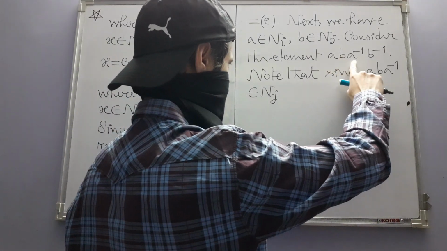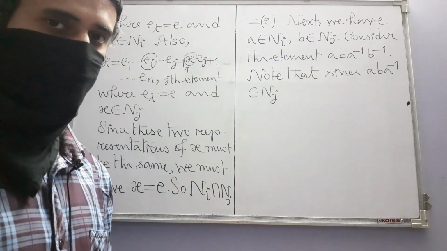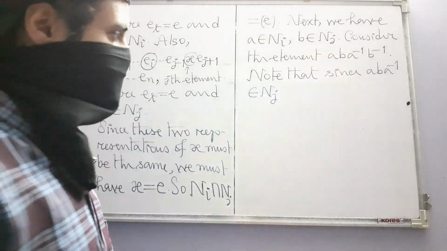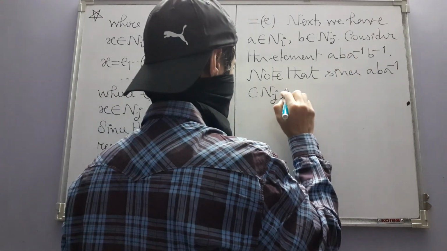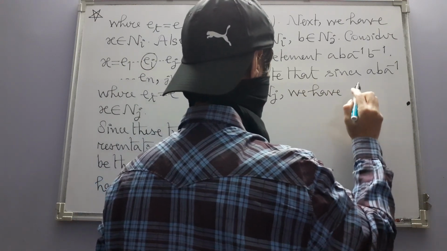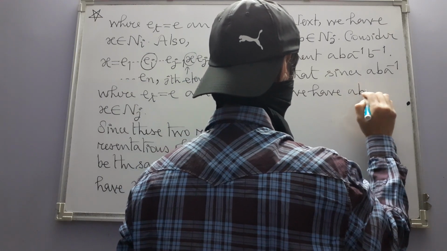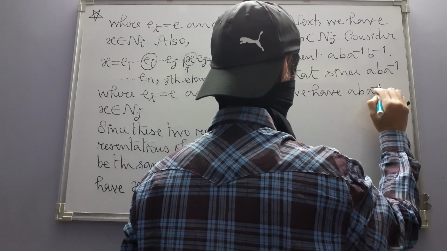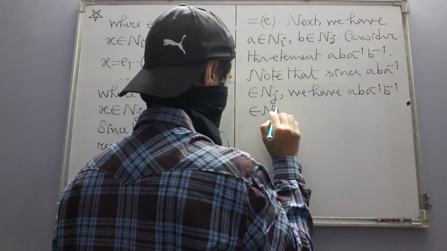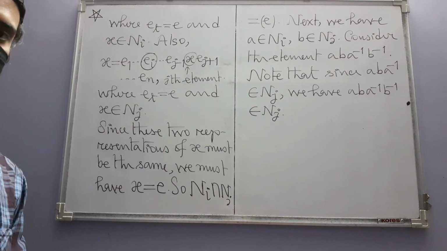So a b a inverse belongs to Nj and b inverse of course also belongs to Nj because b belongs to Nj and Nj is a subgroup. We have, and that is why their product, this one and b inverse, must belong to Nj again. Okay, so that is one observation.